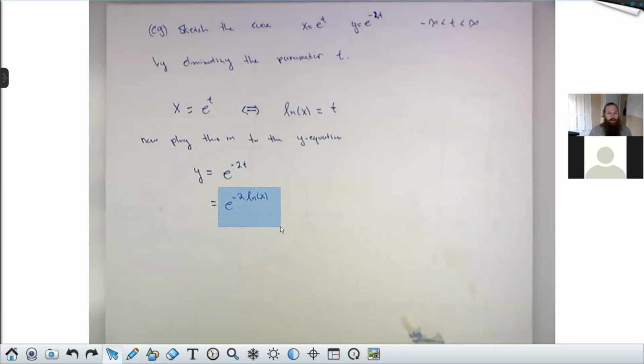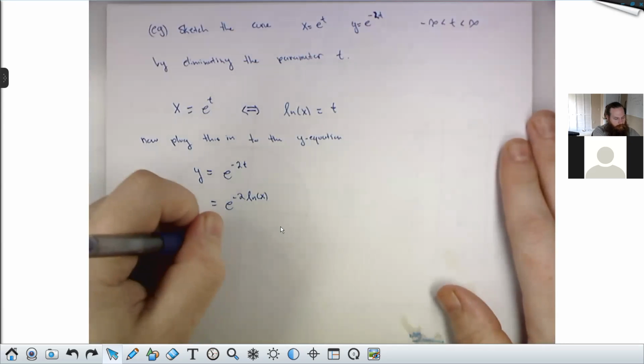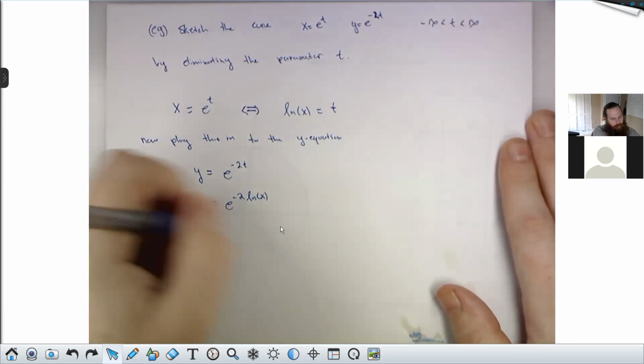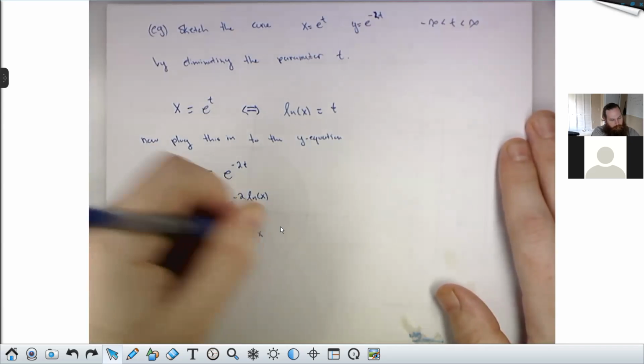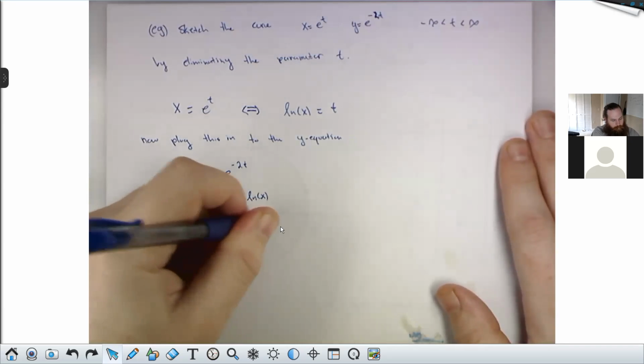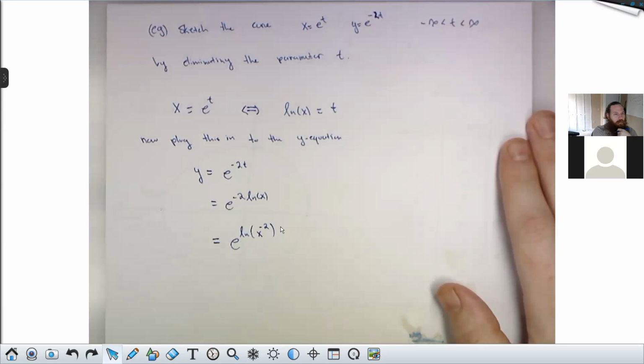Is there any more I can do with this to clean it up? Would you agree that this is the same as this? Yeah, good.